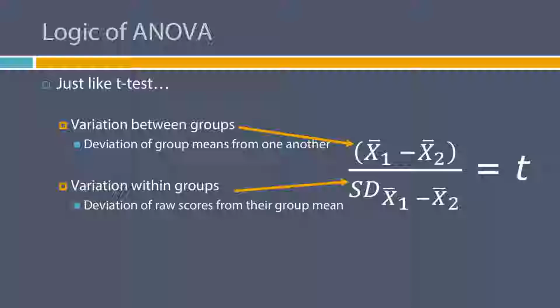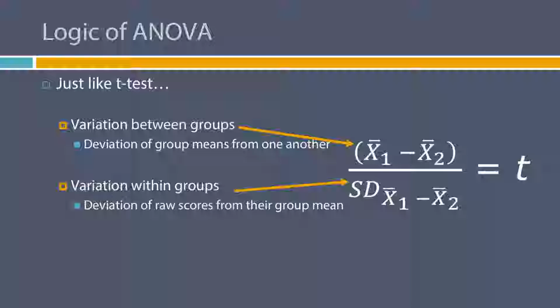So when we look back, the t-test does the same exact thing. The t-test says, well, we're going to look at variation between these two groups. So it calculates group 1 and group 2. Does group 1 differ from group 2? And that's what we find in the numerator of the t-test calculation. And then last week I showed you how to calculate the standard deviation. The standard deviation takes into account the number of cases involved in each group, as well as the standard deviation for each group.